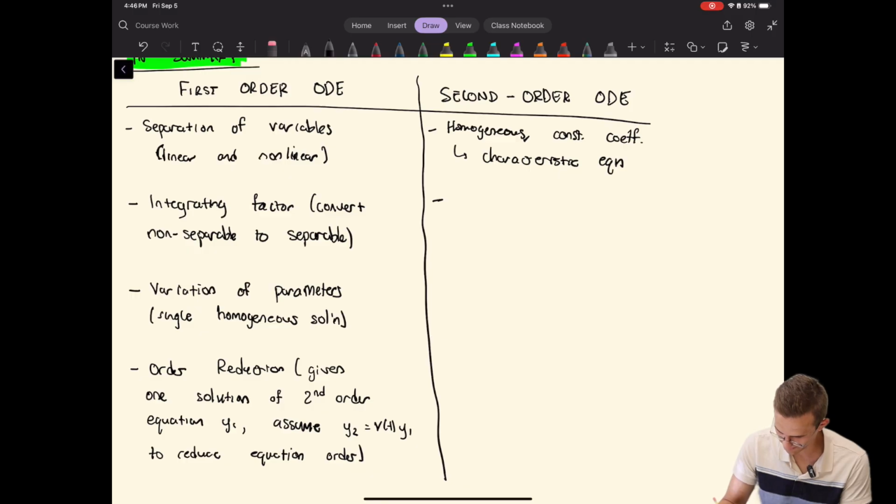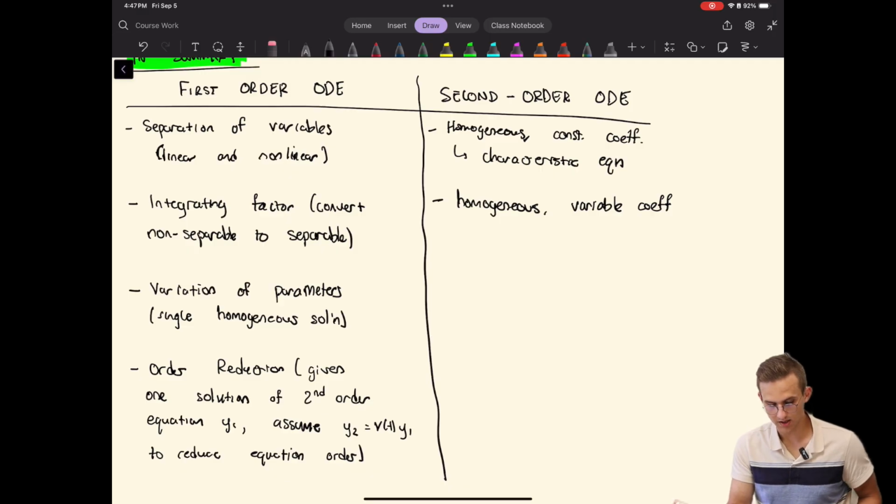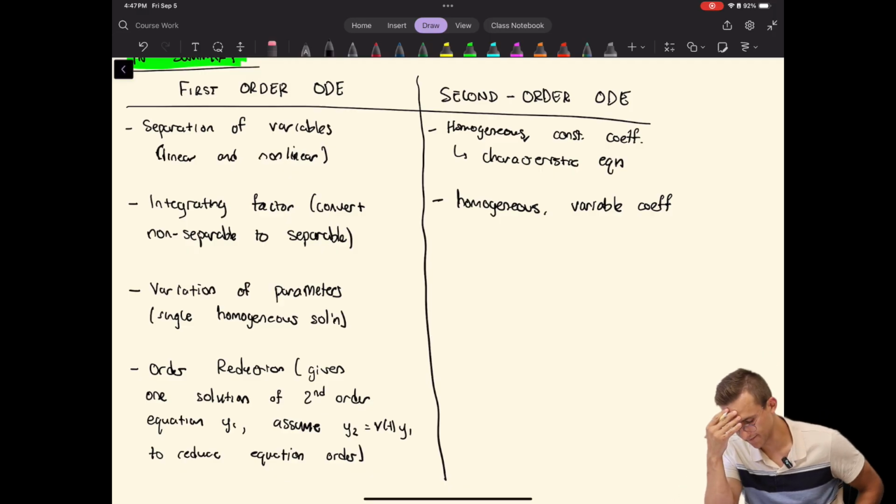When we have variable coefficients, I should say homogeneous variable coefficients, that's where the coefficients depend on x, say, or t. Okay.